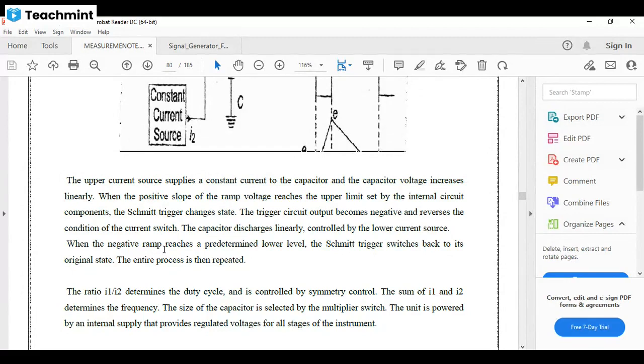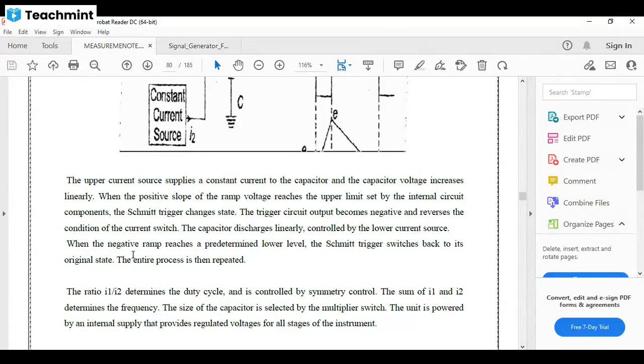When it reaches the predetermined lower level, the trigger switches back to its original state. There are two current sources, one is the upper current source and another is the lower current source.